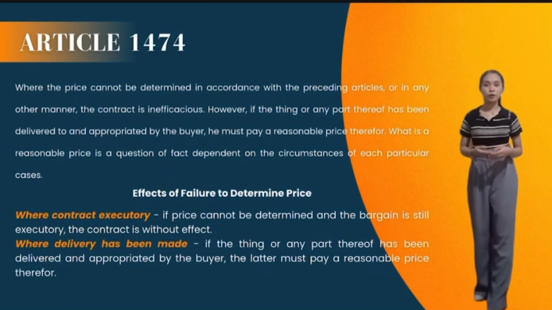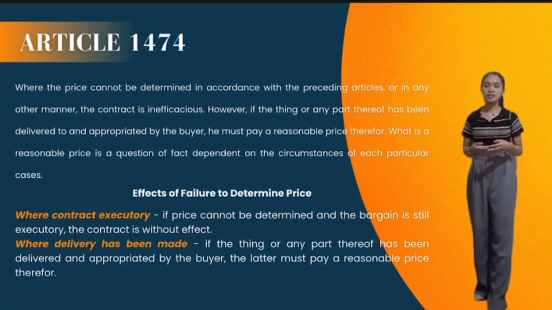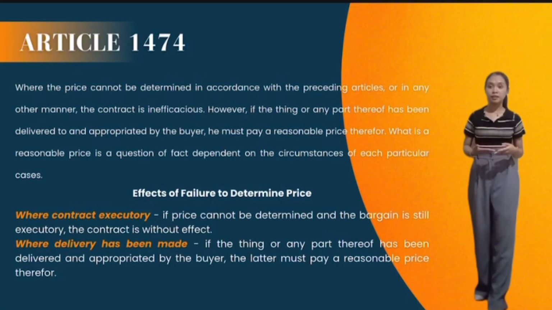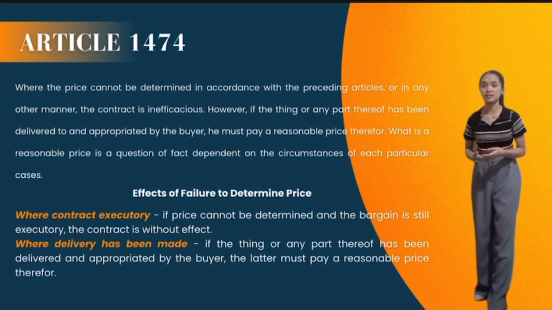Article 1474: where the price cannot be determined in accordance with the preceding articles or in any other manner, the contract is inefficacious. However, if the thing or any part thereof has been delivered and appropriated by the buyer, he must pay a reasonable price for it. What is a reasonable price is a question of fact dependent on the circumstances of each particular case.